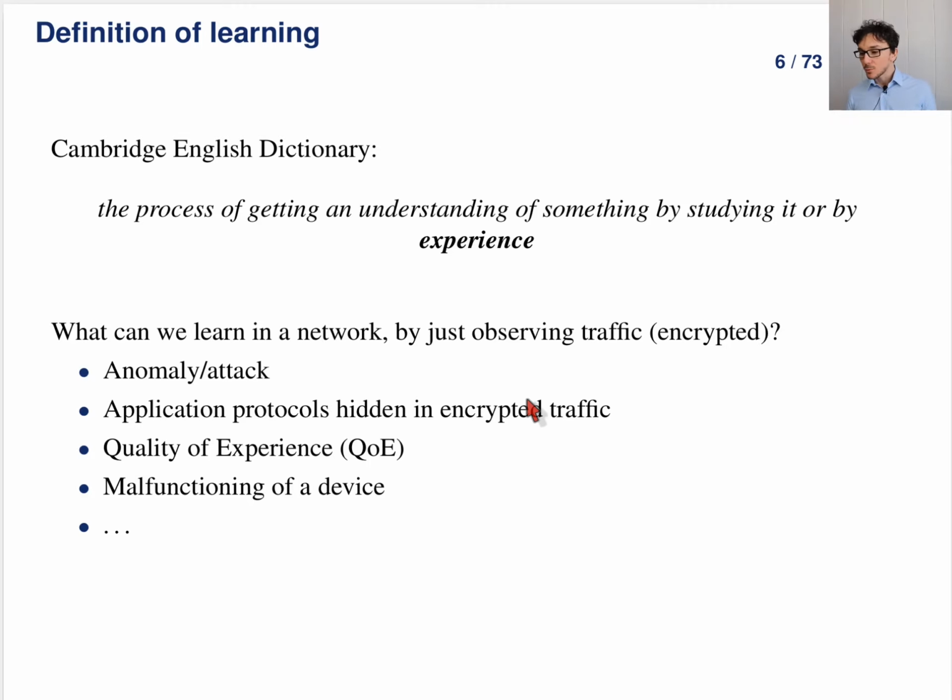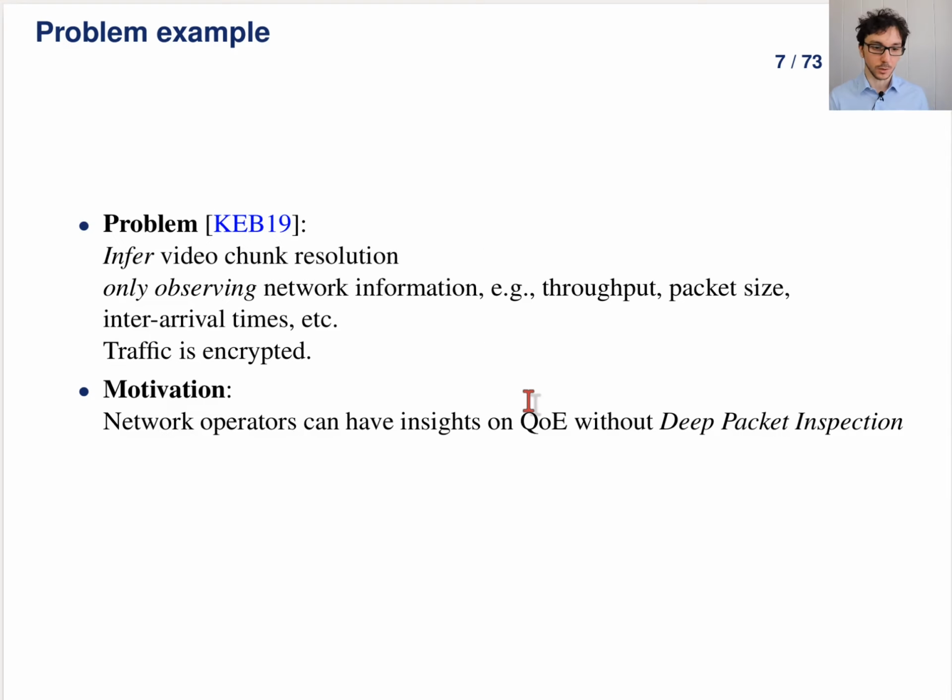We can observe the same trace and learn what quality of experience the users are observing. By observing some monitoring data, we can infer if a certain device is going to break or not, etc. So let's just focus on one of these examples.